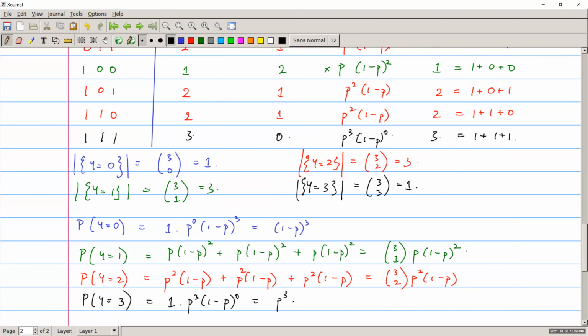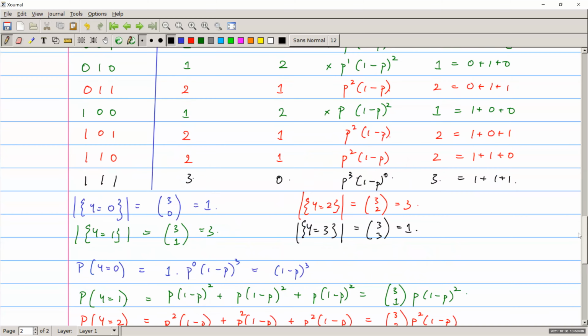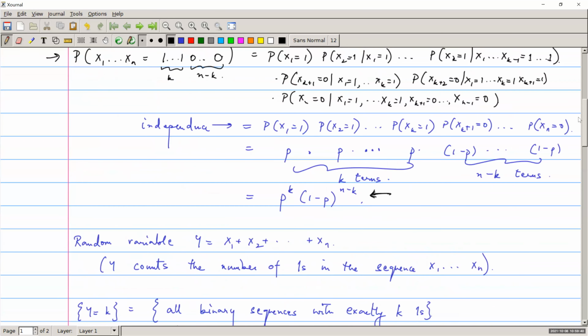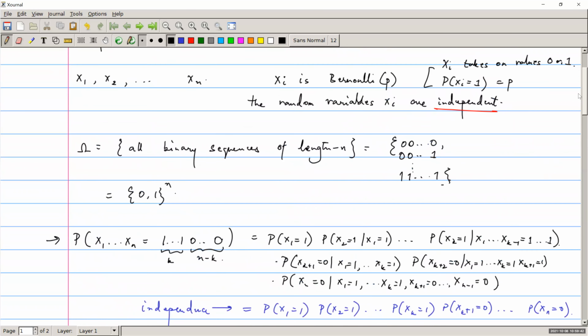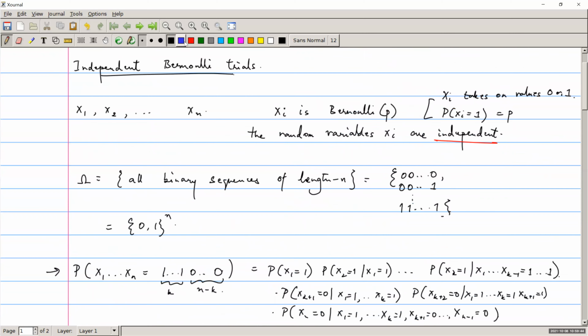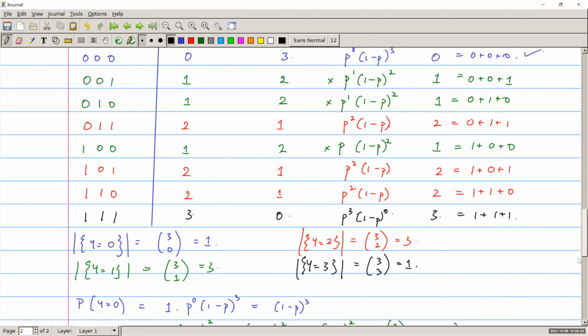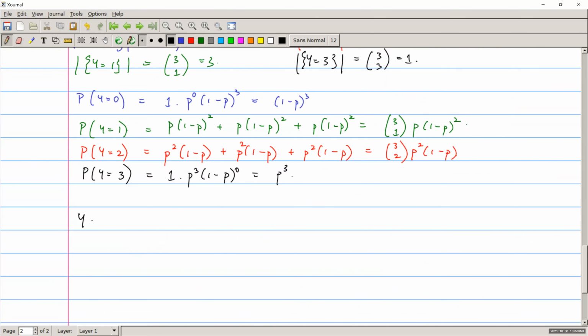So the random variable y, just like the random variables x here, which we call Bernoulli variables, also has a name. We write this to say that it is distributed as, which is just the description of the random variable.